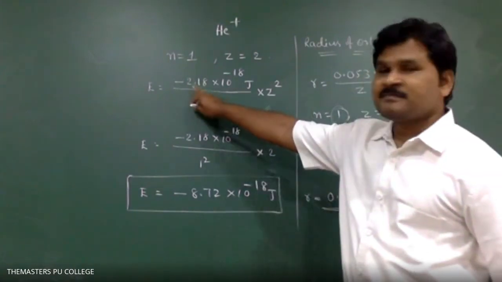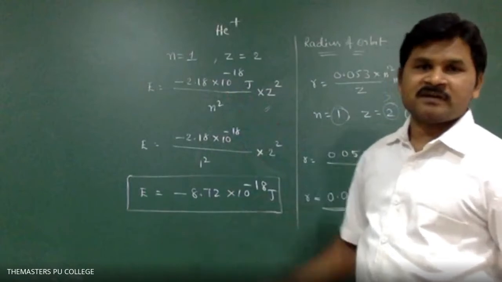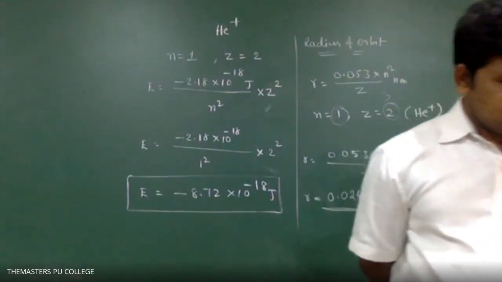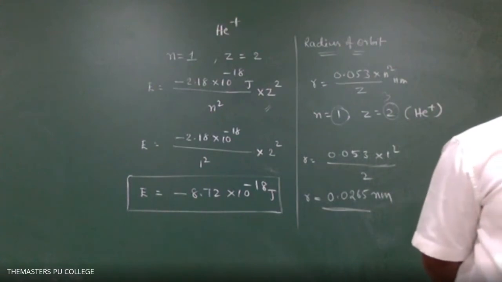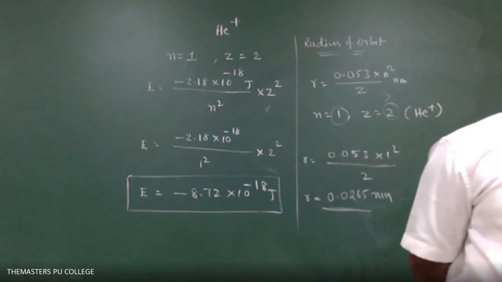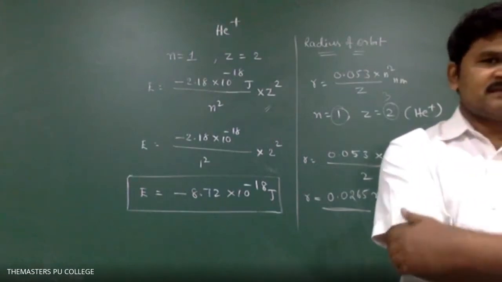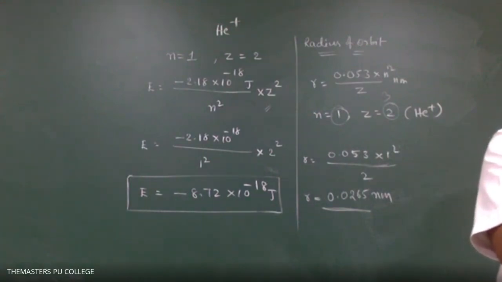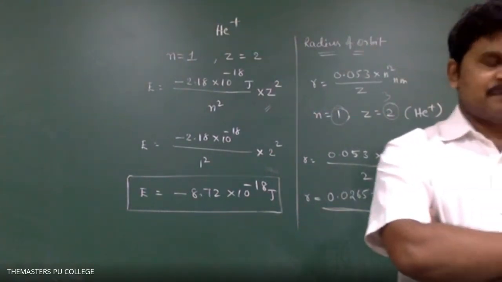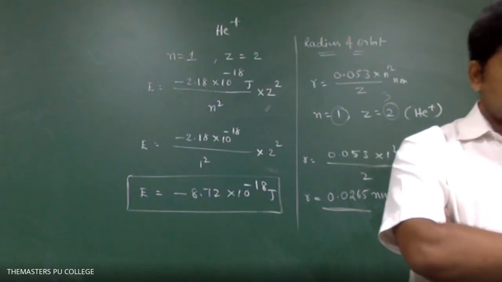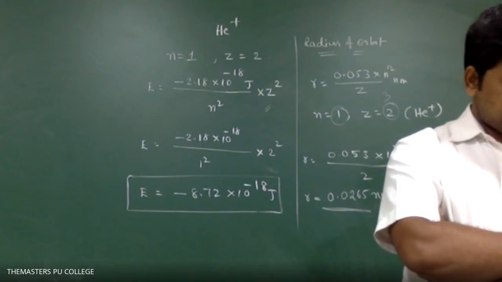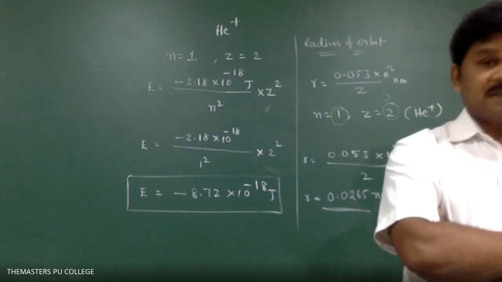E value as it is: minus 2.18 into 10 power minus 18 joules. Please remember. I repeat, the energy associated with the first orbit in the hydrogen atom is minus 2.18 into 10 power minus 18 joules per atom.